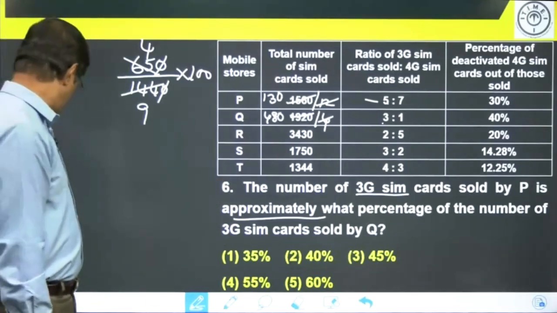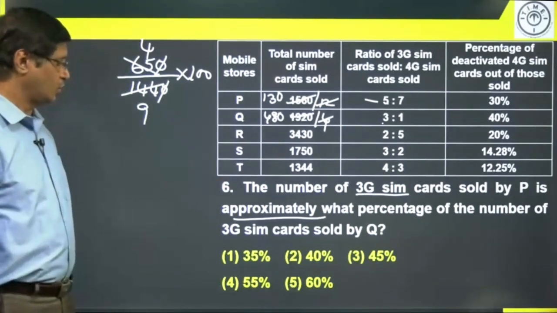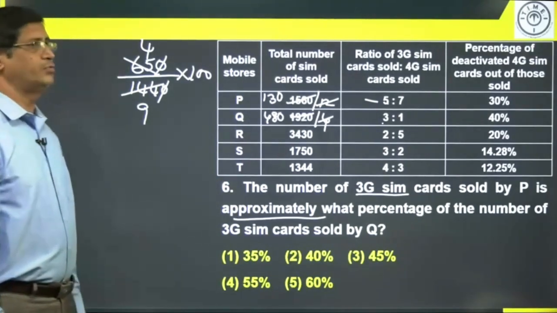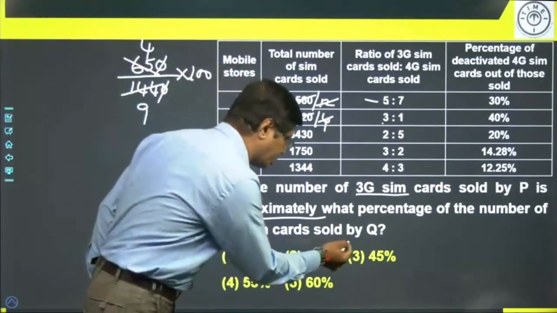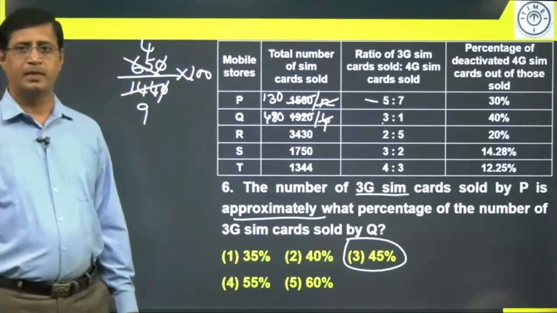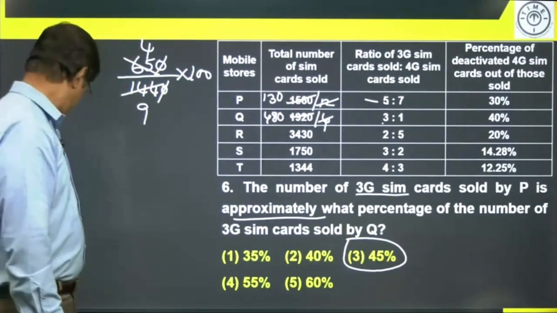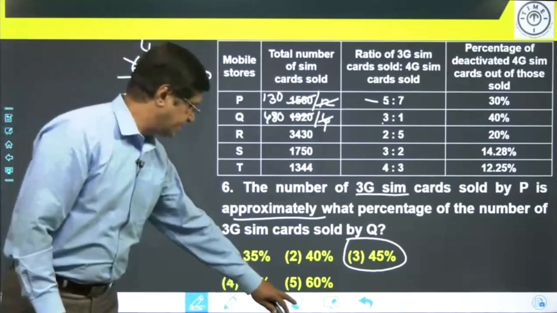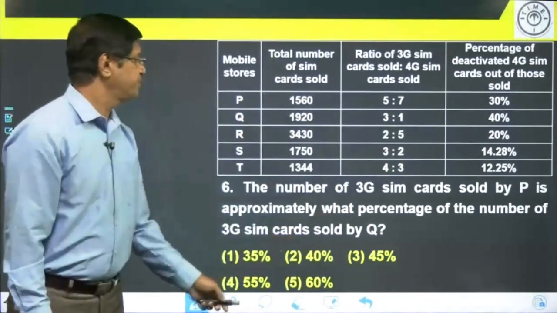The answer is close to 44.44. The result is option number 3. The third choice is the right answer. Choice 3. Okay. Now look at the next example on your screen.